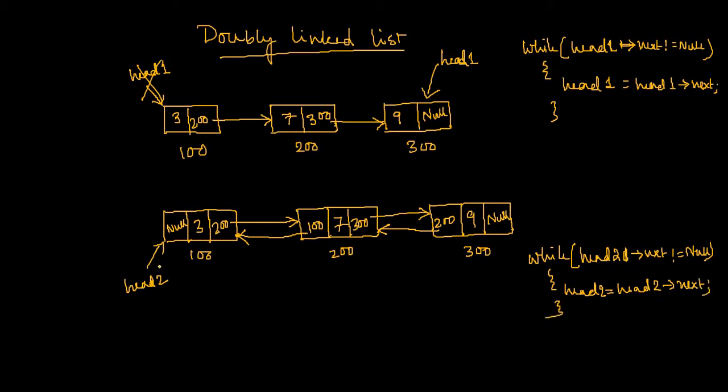What will happen? In this case also head 2 will no longer point to this particular node; head 2 will point to this particular node at the end of the loop.